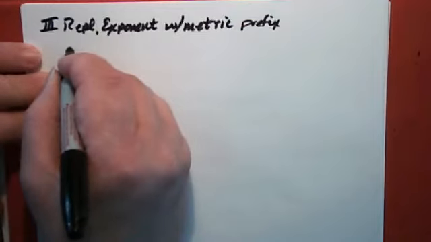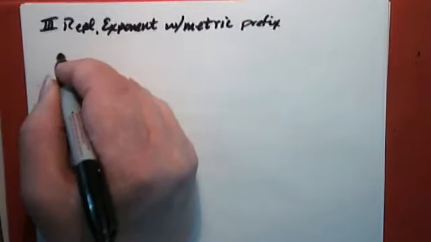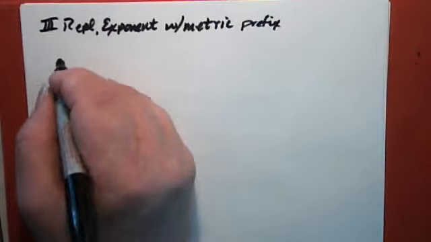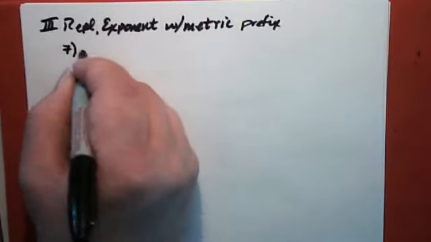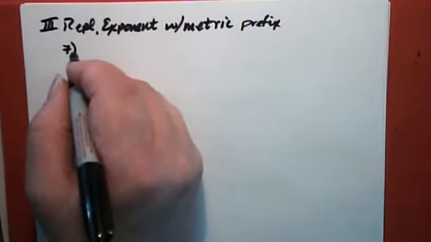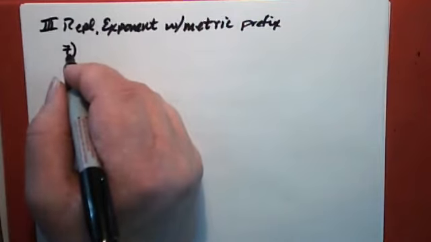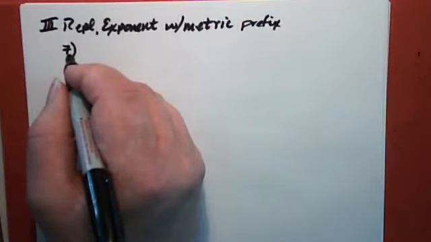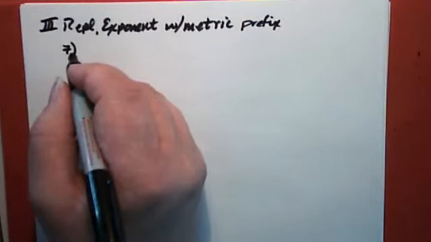Anyway, we've got some numbers that are in proper scientific notation and some that aren't in this case, but we just want to replace them. That just means that the power of 10 is already in a position where you can identify a metric prefix with it from among the ones that we saw the other day.